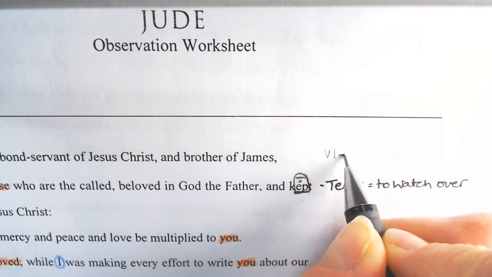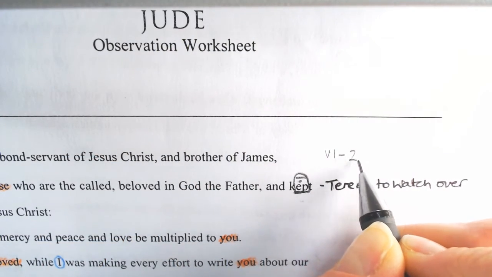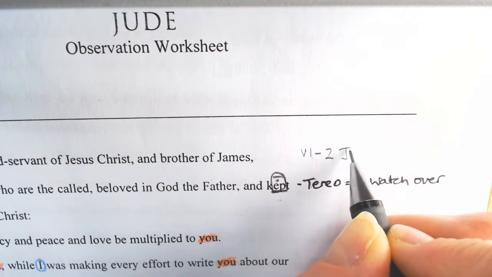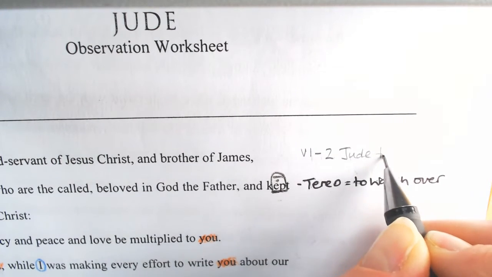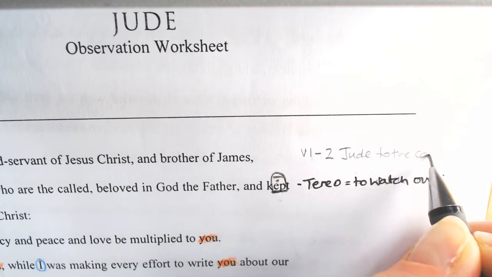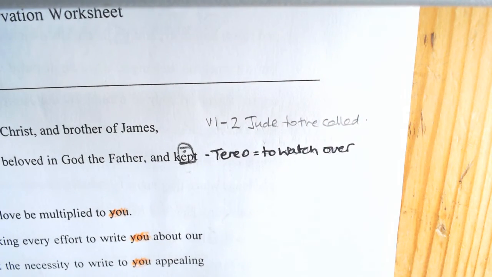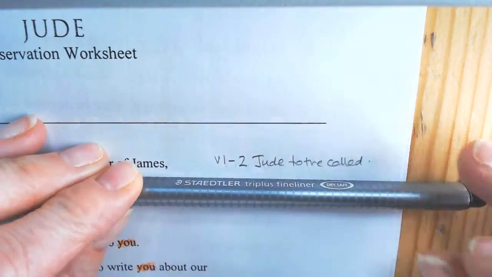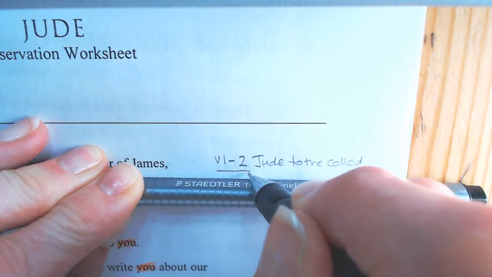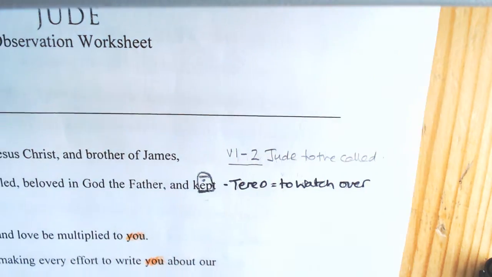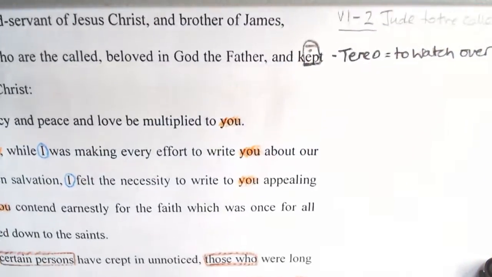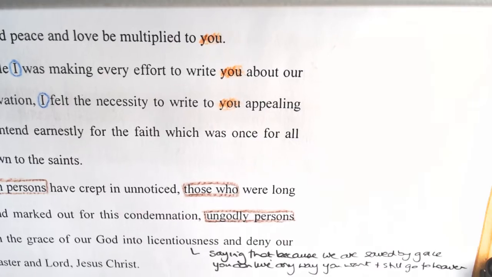I would just simply do verses 1 to 2, and then I would put Jude to the called. Okay, Jude to the called, and there you can just about see that. And then I just underline it so that it stands out a little bit more. And then when you get down to verse 3, where's verse 3?